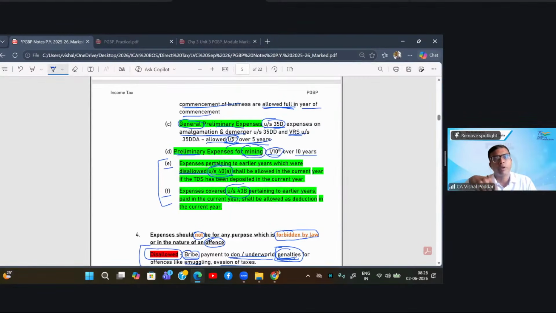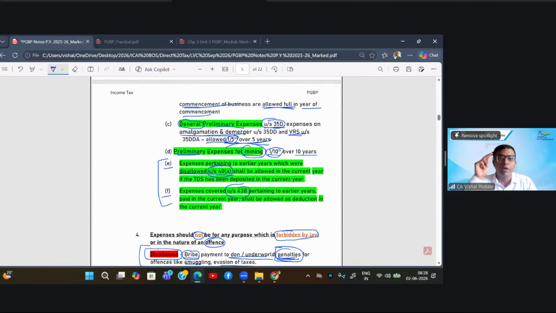So let us say now we are in 25-26. We are doing calculation of 25-26. Expenses of 22-23. What expense on which TDS was applicable? You did not deposit the TDS in that year's before the due date of filing return. So what would have happened in that year? While doing computation, the expense was disallowed to you either 30% or 100%. Why? Because you did not deposit TDS.